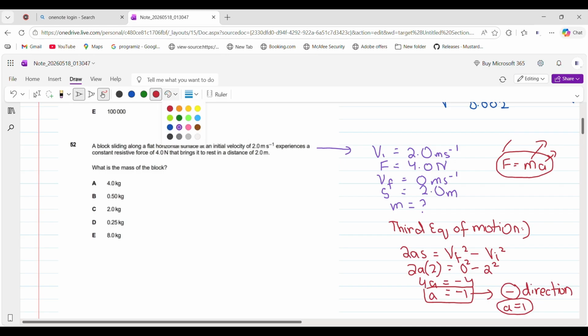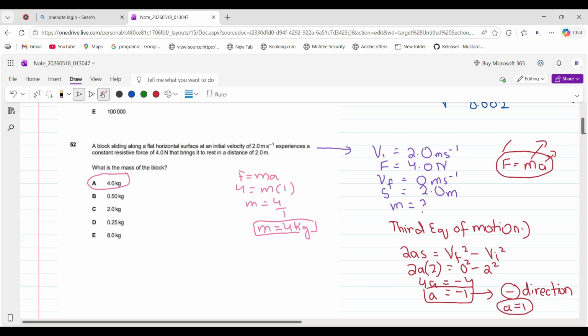F = ma, force is given by 4, mass we are of course supposed to find, and acceleration is 1. The 1 is multiplying with m, so when it goes across it will be divided, so 4 by 1 is 4, and mass is in kg. So the mass of the block is 4 kg, and we have gotten our answer. I hope this was clear. We are done with our 2 questions.